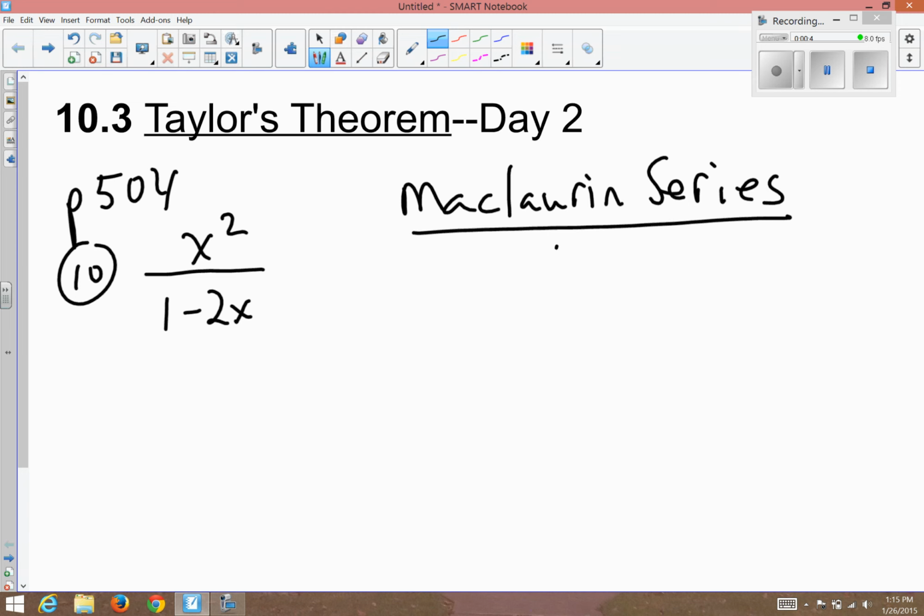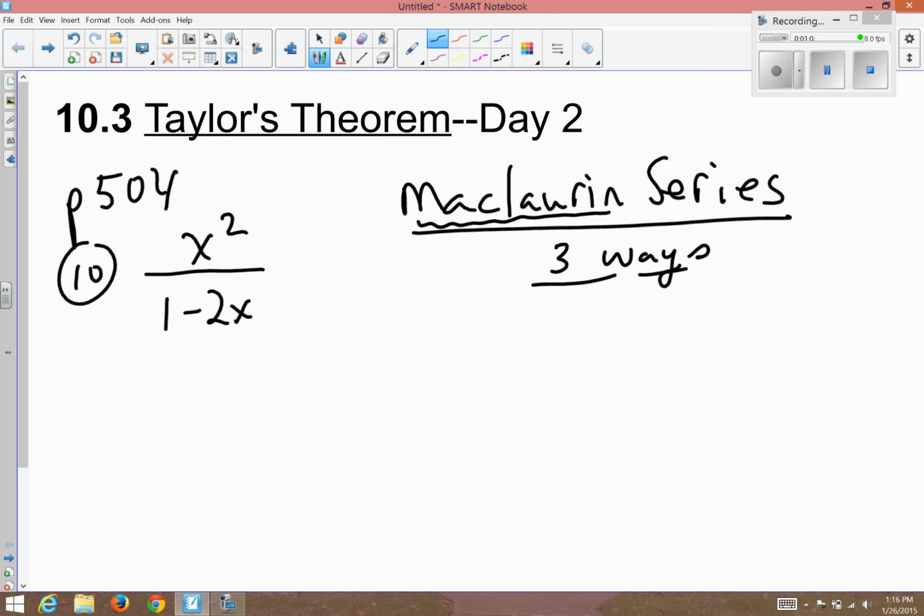There are 3 ways to do this problem. The first method is what we did on day 1, where we find the derivatives of this function, first, second, third, etc., and evaluate the function and its derivatives at 0. Maclaurin series is at x equals 0.